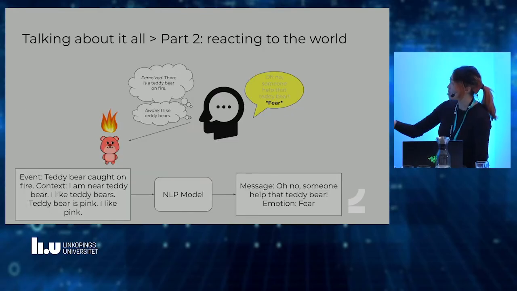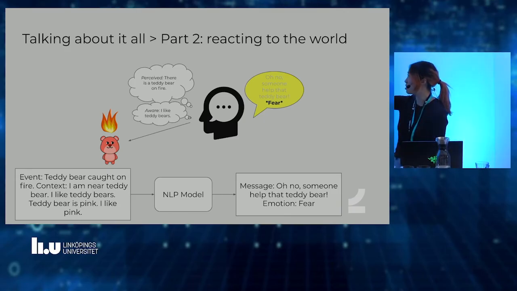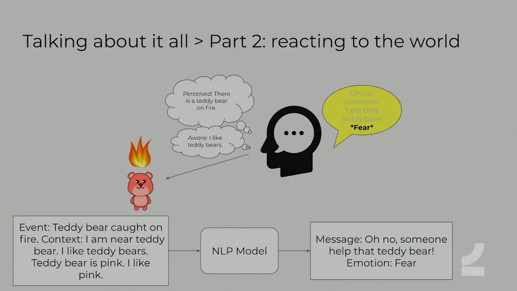And this is, again, just an example of how this is actually represented in our data set and how this is fed into the model and what comes out of the model. So the model actually generates the word message, then a message, then the word emotion, and then an emotion.